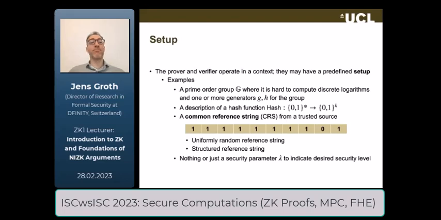Maybe you need to run a multi-party computation protocol to generate a common reference string with this particular structure, right? And then you're basing some trust in this multi-party computation protocol. So for the purpose of this presentation, I'm just going to assume that whenever we have a setup, it has been generated in some trusted way. And then Carla is later going to talk about how we can remove some of that trust and make that more realistic to assume.